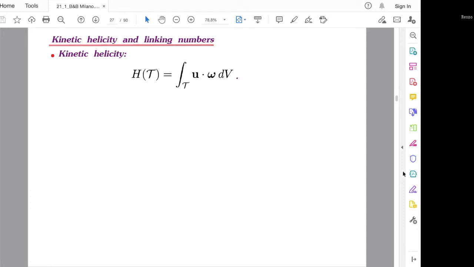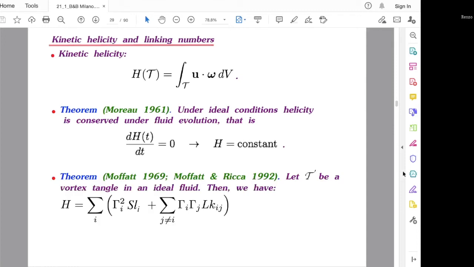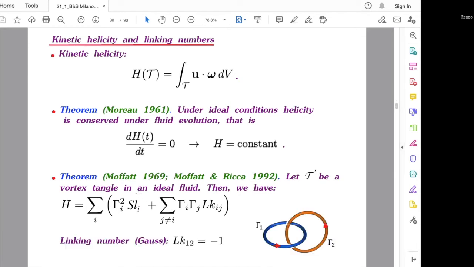Well, helicity, I will focus on helicity. Remember that this is an invariant in ideal fluid mechanics, and you all know this decomposition in terms of self-linking and Gauss linking number.